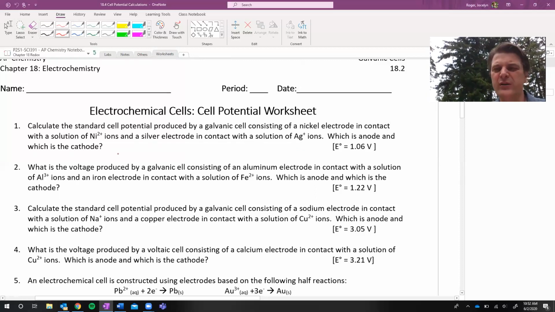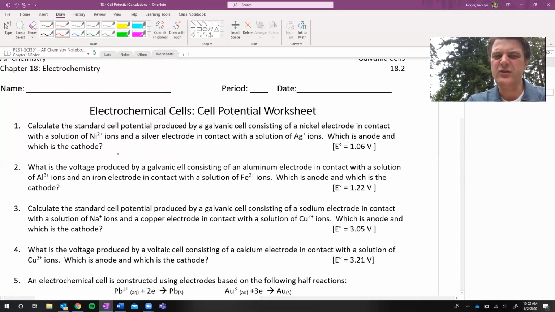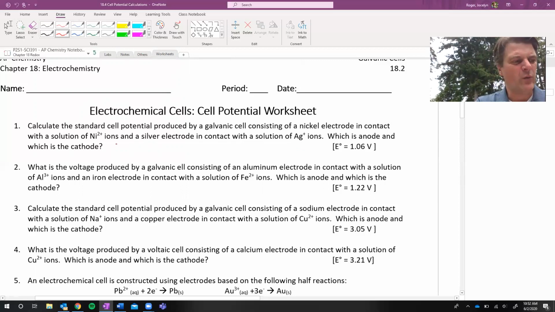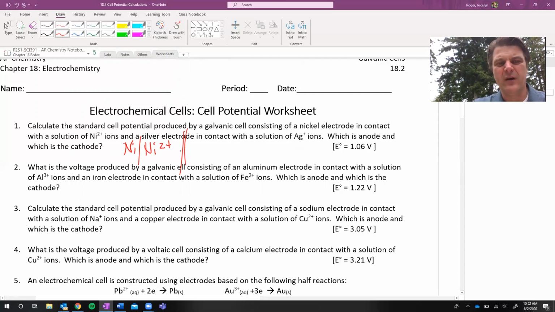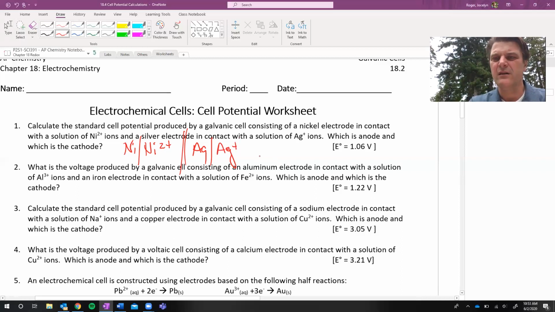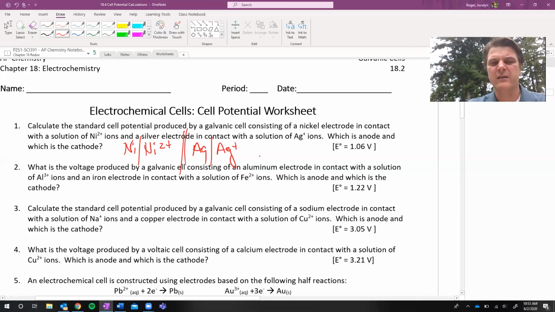So there's a shorthand notation for these cells, where we would put a half reaction, so that one of the halves is from nickel to nickel 2+, and then a double line. On the other half of the reaction, it would be silver and silver+. So this is the shorthand way of representing cells.